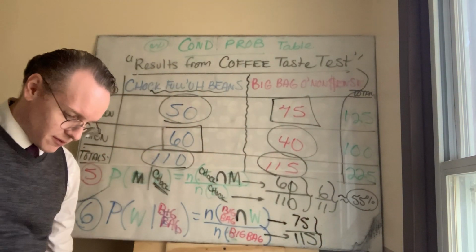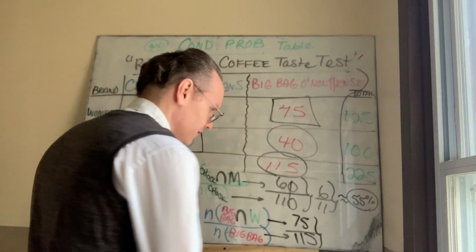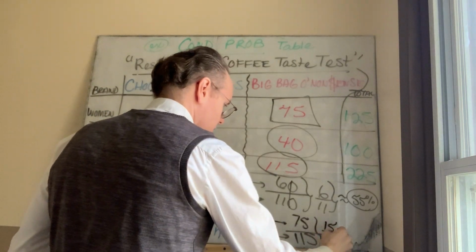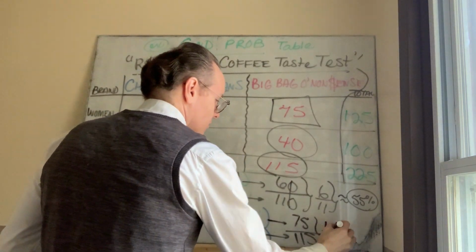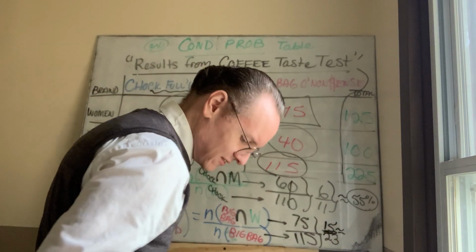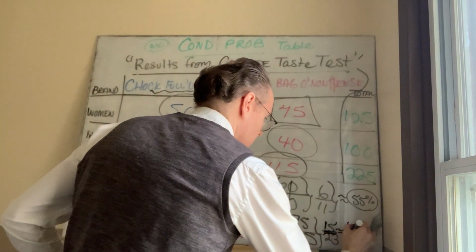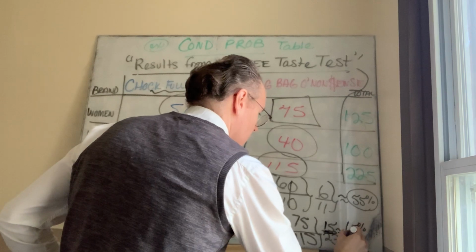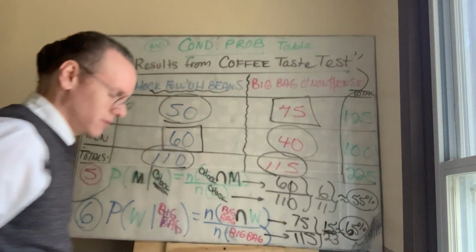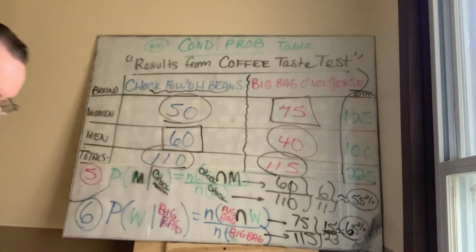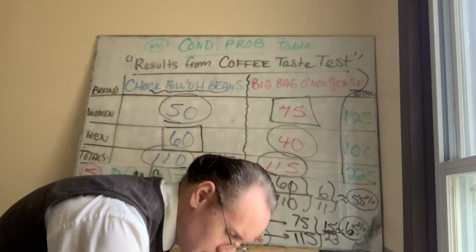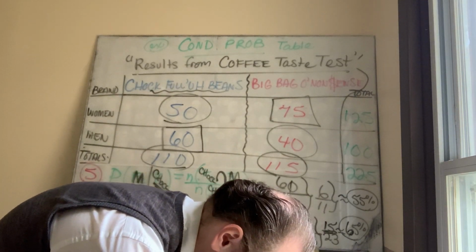So if you simplify the fraction, 75 over 115, eventually you get it down to 15 over 23. And in terms of a percentage, that's about 65%. Okay, and I believe that is it.